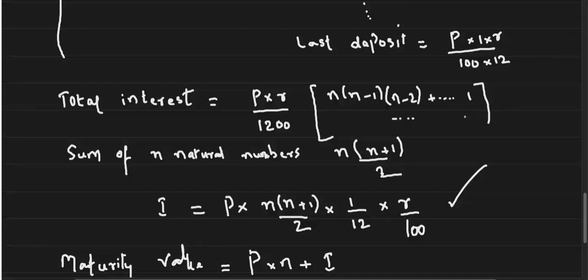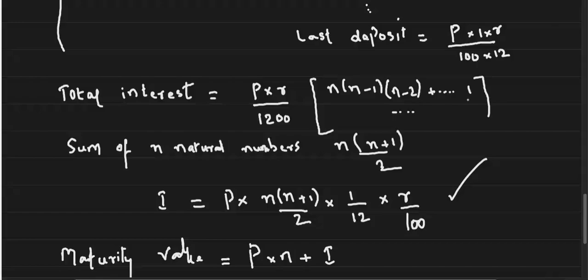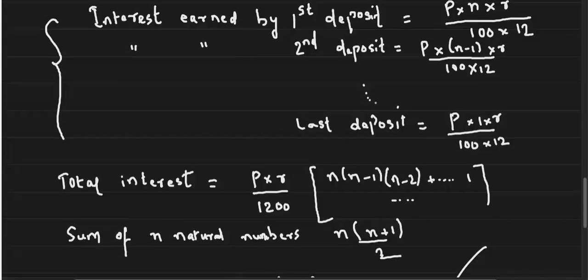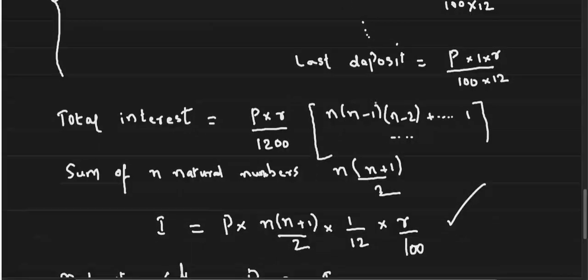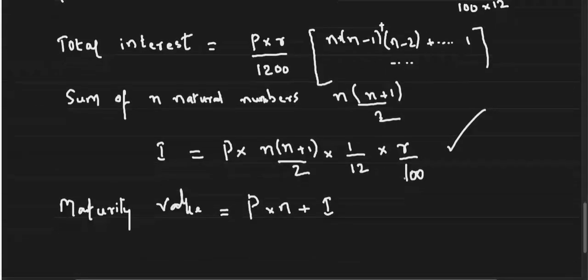So there is a formula in arithmetic expressions that if you add first n natural numbers 1 to n, you will get, there is a slight mistake, there should be a plus here. So n plus n minus 1 plus n minus 2 until 1, you will get n into n plus 1 divided by 2. Got it?